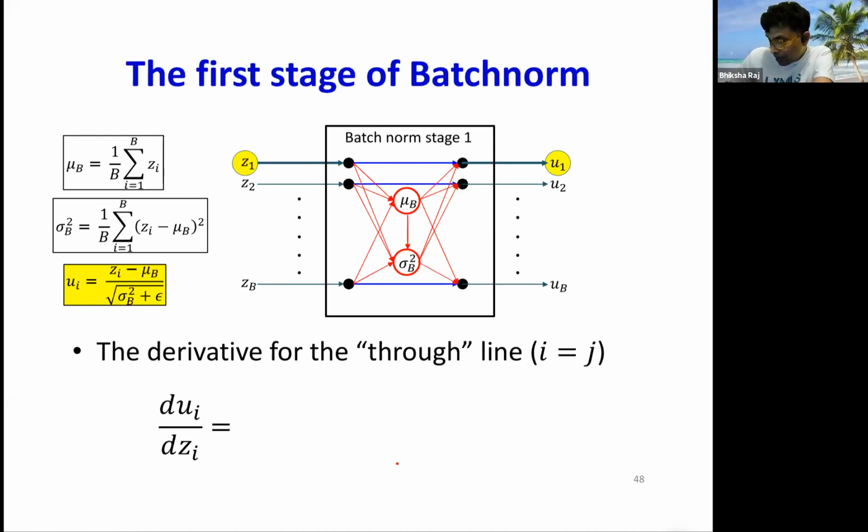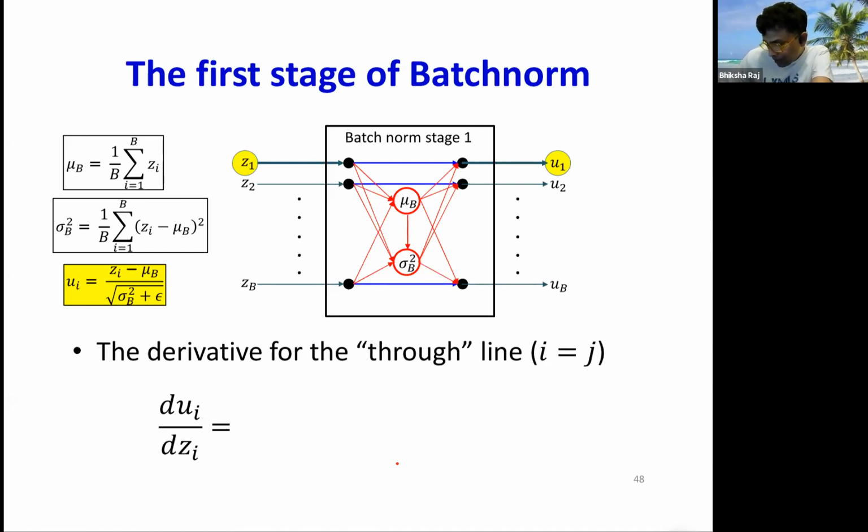So every ui depends on every z, right? Every u does not depend on every other u. So the first term was right. There's something broken here.